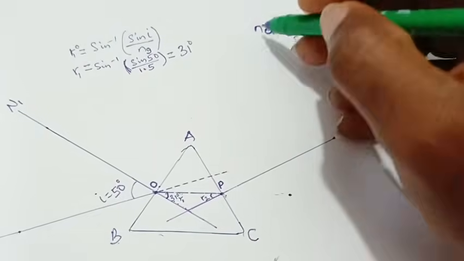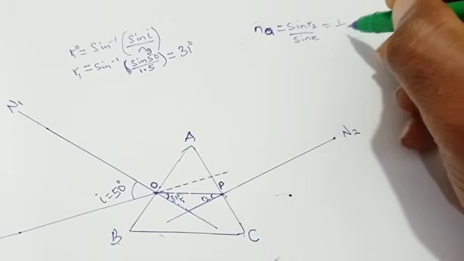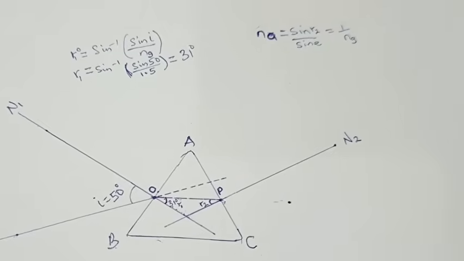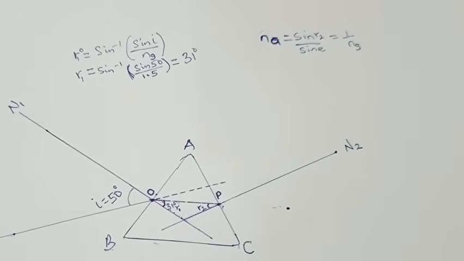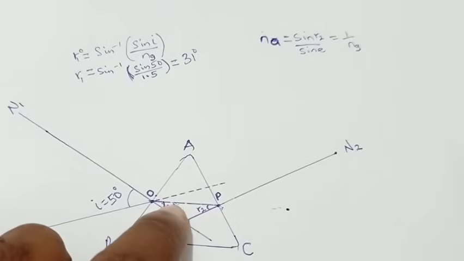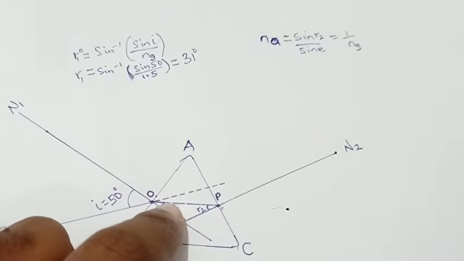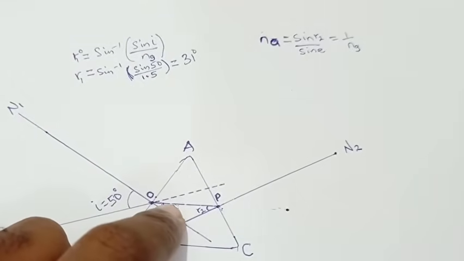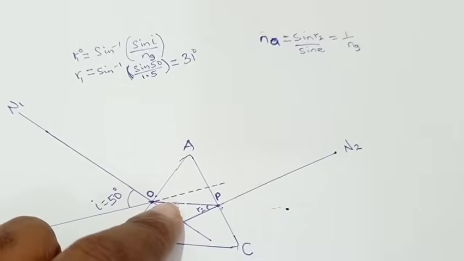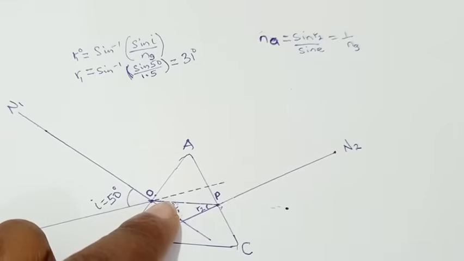Refractive index of air is equal to 1 over refractive index of glass. Once again, I had treated this in the theoretical aspect of physics already under refraction. If light is traveling from medium 1 to medium 2, the refractive index of medium 1 is going to be 1 over refractive index of medium 2.